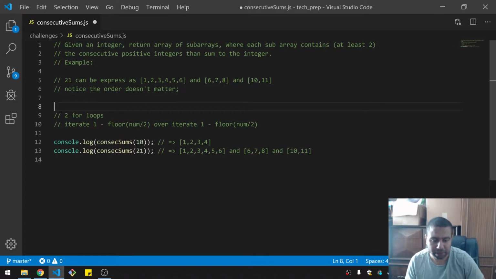So this is like a big O of the number divided by 2. Sorry, this is squared. So this is definitely not ideal.